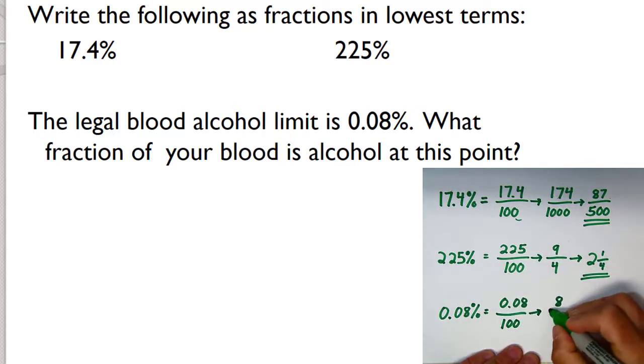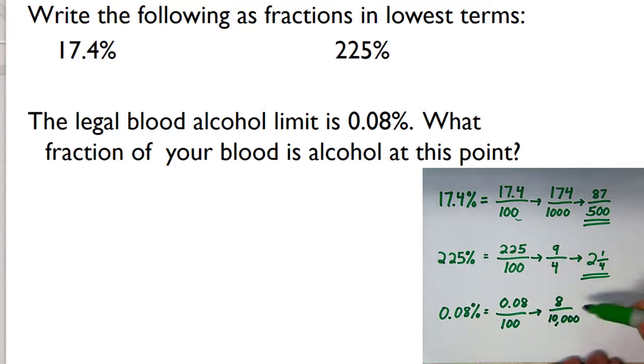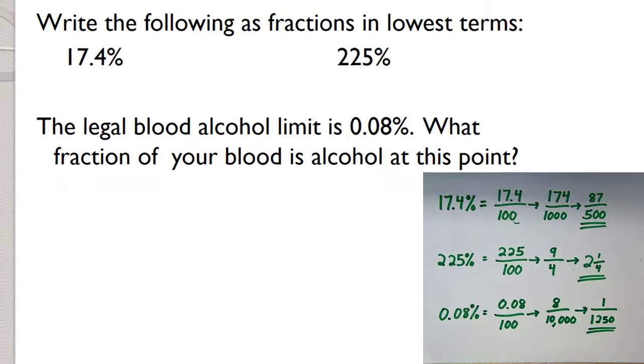That becomes 8. 2 places to the right on the bottom becomes 10,000. Now those both divide by 8 to become reduced. Divide the top by 8 becomes 1. Divide the bottom by 8 becomes 1,250. So that means one drop out of every 1,250 drops of blood in your system is 0.08%, and that would put you at the legal limit.